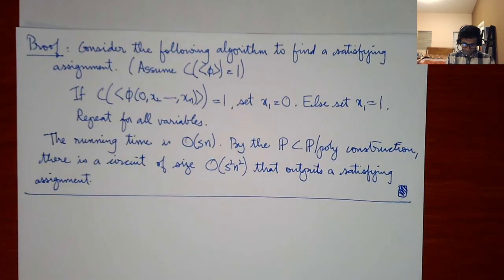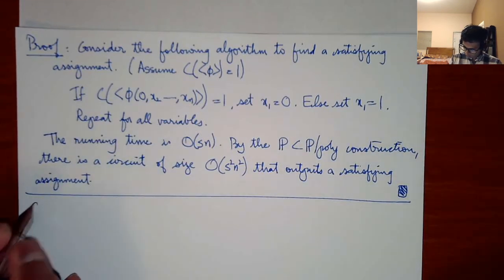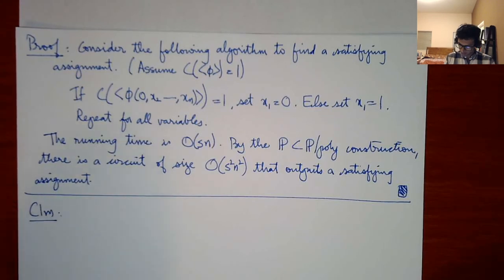Okay. So pictorially, okay, now let's go back. I'm going to write something down. I'll write down a claim here, and once we prove the claim, the theorem will follow.